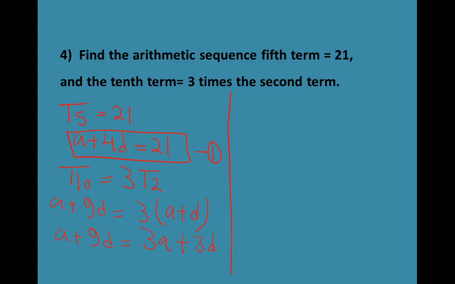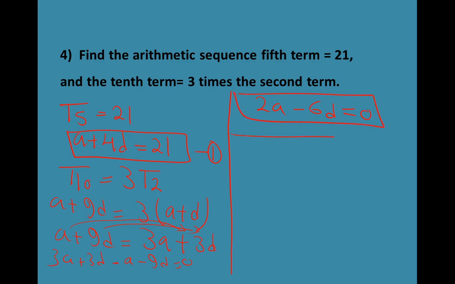Then I can transfer the left hand side terms to the right hand side. Then 3A plus 3D minus A minus 9D equals 0. Then 3A minus A is 2A, and 3D minus 9D is negative 6D, equals 0.